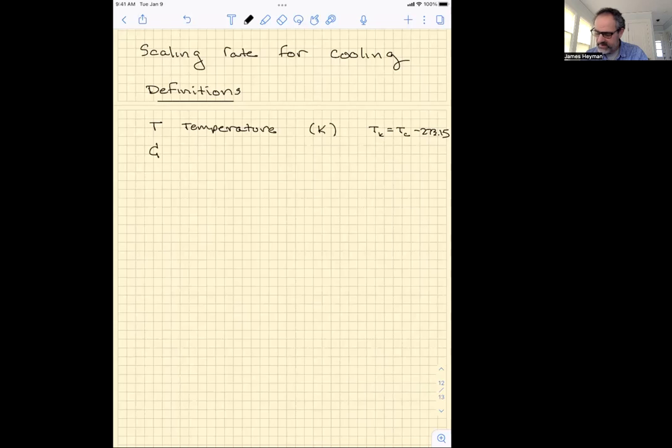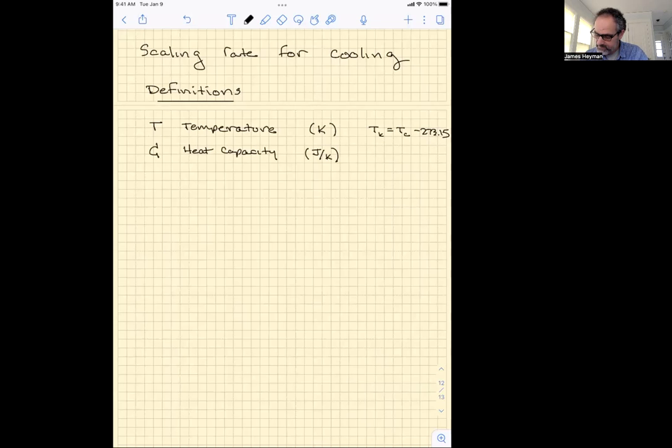The next thing we need is the heat capacity. The heat capacity tells how much heat energy I have to add to raise the temperature of an object by 1 degree Kelvin, okay? And so it has units of joules per degree Kelvin, naturally enough.